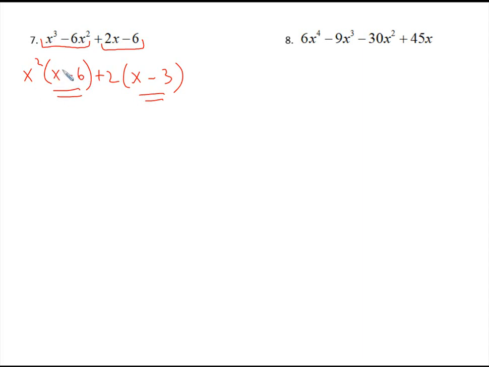So that looks correct so far. The second group, I take out the 2, that leaves me with x minus 3. So I've done everything correctly and these binomials are not the same. If you did everything correctly and these binomials are not the same, that tells you that this problem cannot be factored. Okay, so this can't be factored.